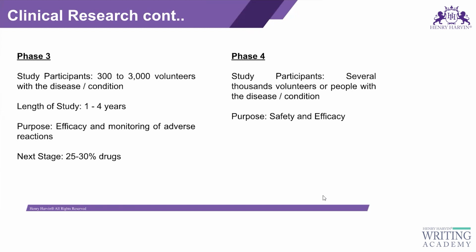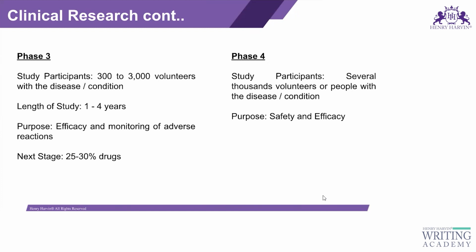The purpose is to get more knowledge about the efficacy and safety of the drug, because now the drug is exposed to a larger population, to learn more about its adverse reactions. Nearly 20 to 30% of the drugs move to the next stage, that is, they reach the market.